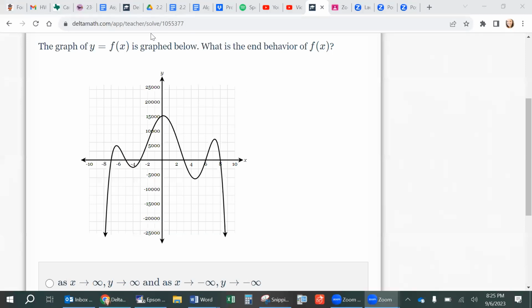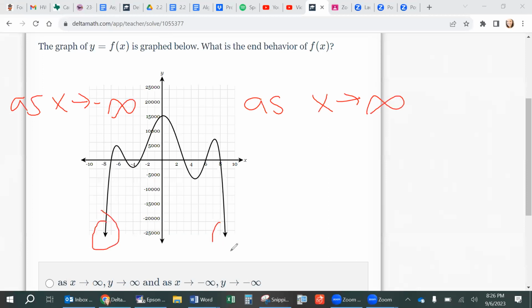I see first that the right end is going to be as x goes to infinity. The left end is going to be as x goes to negative infinity. Then I look at what my ends are actually doing. I see that both of them are pointed down.